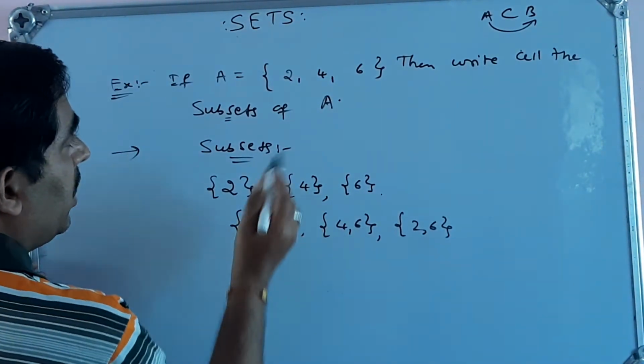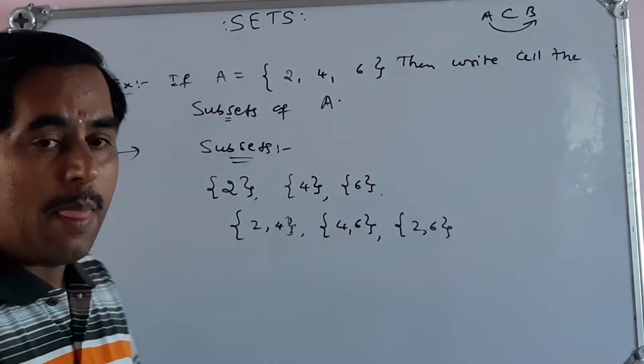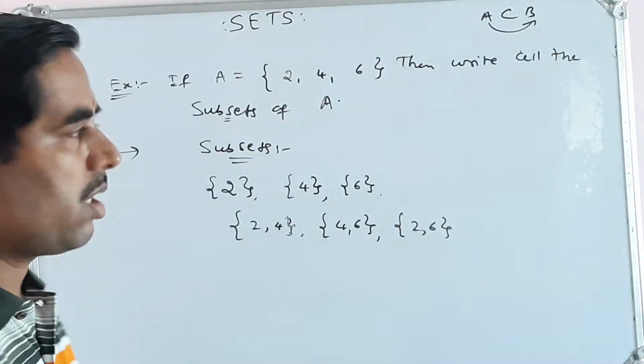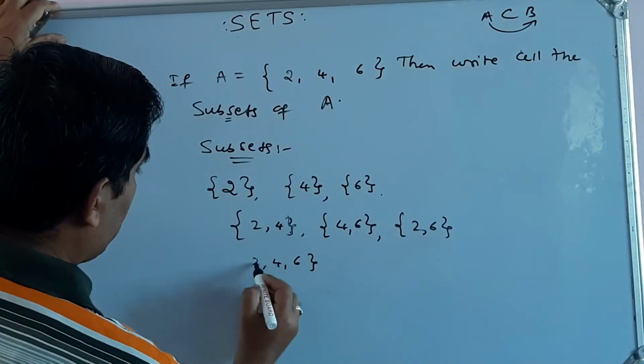Then see what is the given set here. The given set is 2, 4, 6. The given set itself will also be a subset. So I will write this set again: 2, 4, 6.